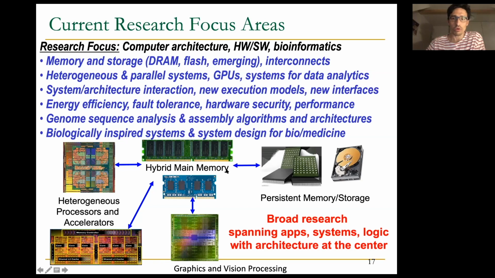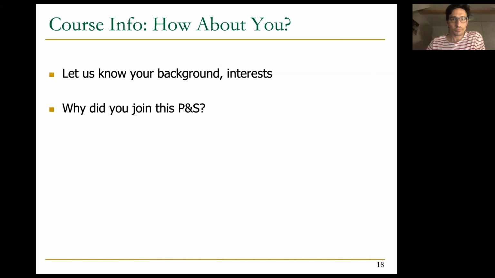We essentially work on the whole stack and all different types of devices like CPUs, GPUs, FPGAs, different types of memories like DRAM, new memory technologies like volatile and persistent memories, storage, and many more things as well. So now I would like you to introduce yourself. I'm going to stop recording.